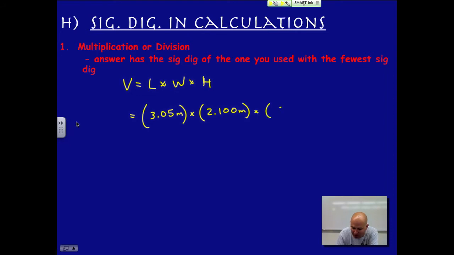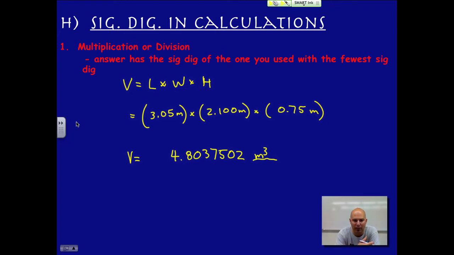And my height is 0.75 meters. Okay? I multiply that on my calculator. I punch it all in. My volume comes out as 4.803750 and it keeps going. And again, this is meters cubed. I'm a big labels fanatic.